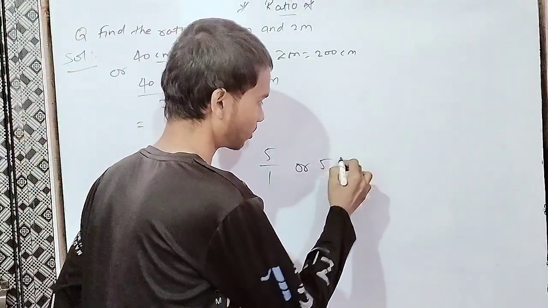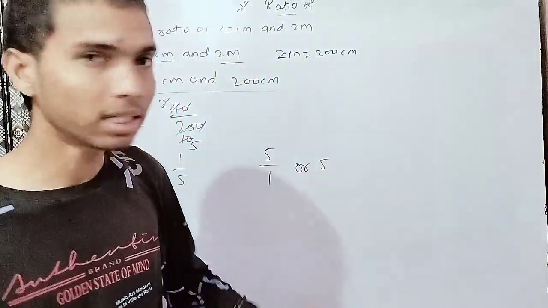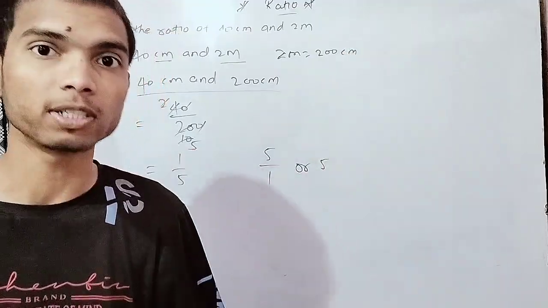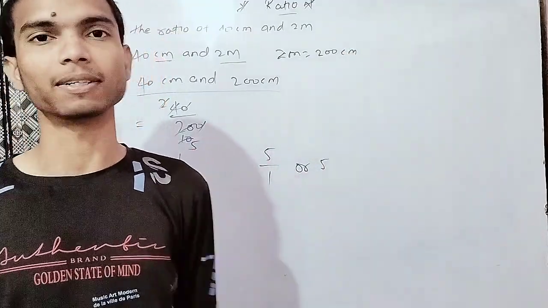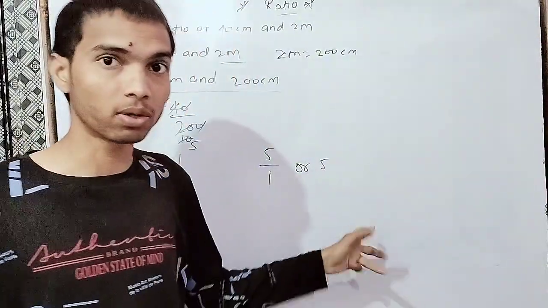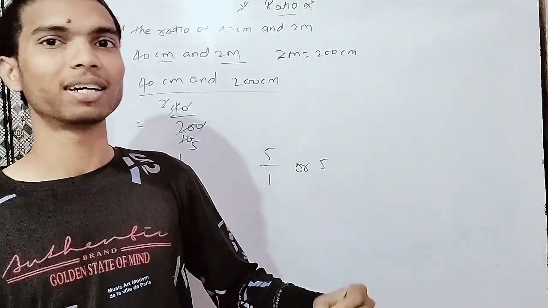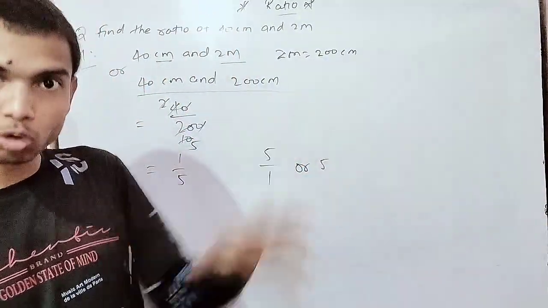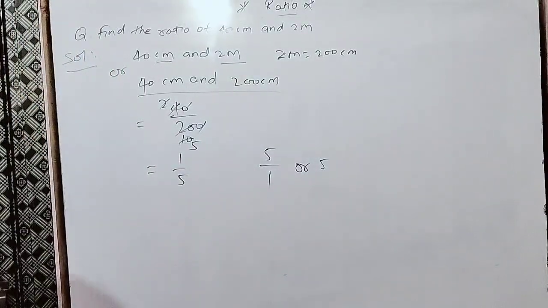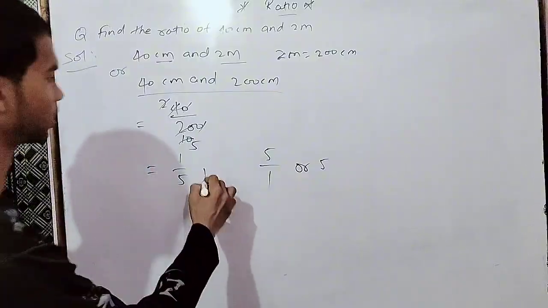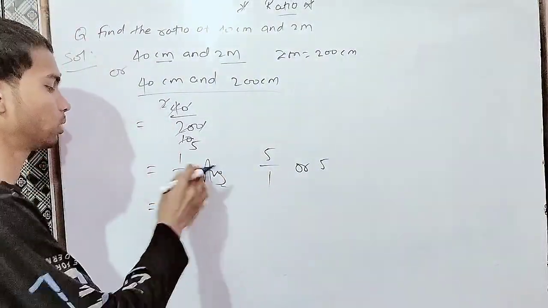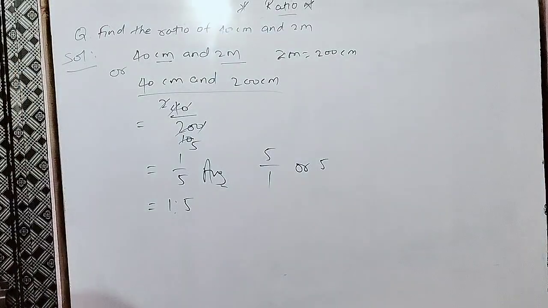Because here the numerator is given, but the denominator, which is 1, is hidden, just as there is addition with 5 that is hidden. So this is exactly it: 1 is to 5.